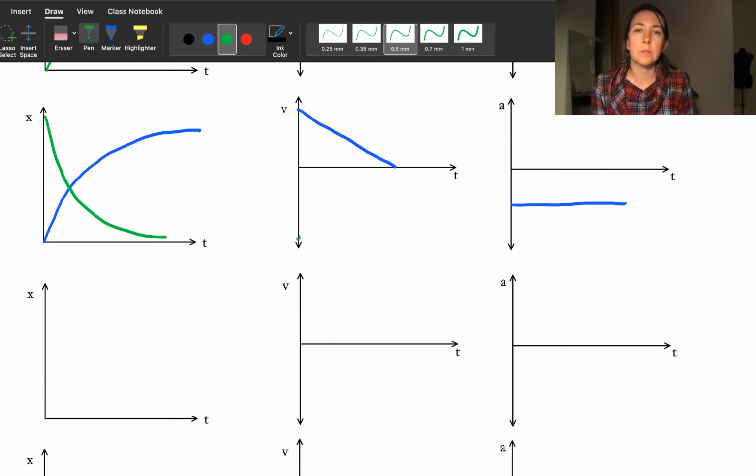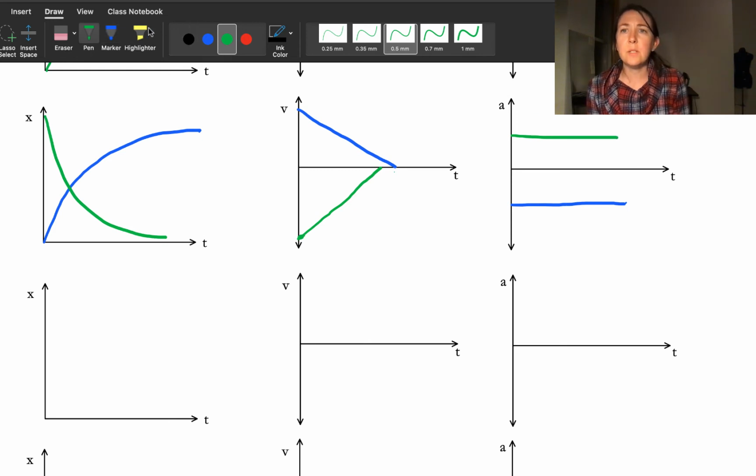So a big negative slope, big negative velocity, trending towards 0 over time. And I don't know, maybe looks something like this. Now this slope is the acceleration again, but this slope is positive. So I'm going to put a positive up here.